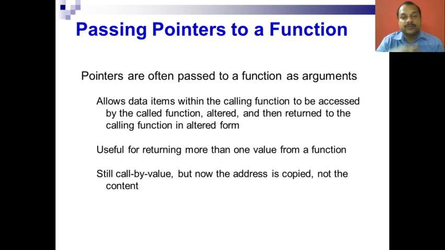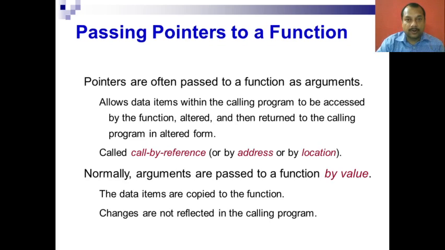That way, using indirection, we can make changes in a called function and have them reflected in the calling function, and we can have more than one value changed. It is still call by value, but now the address is copied, not the content, so the changes will be there.